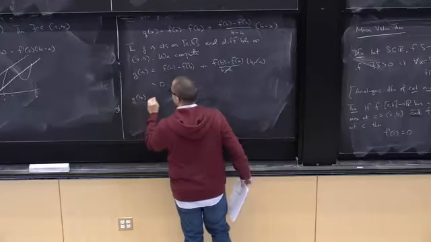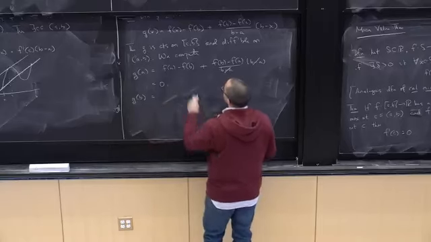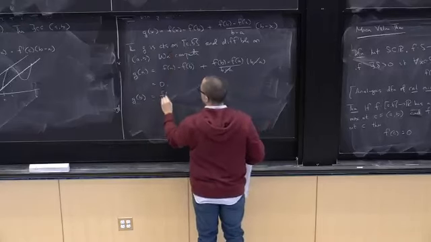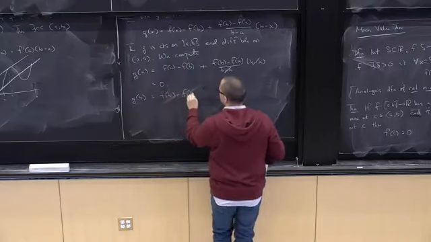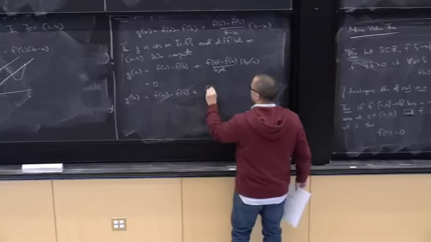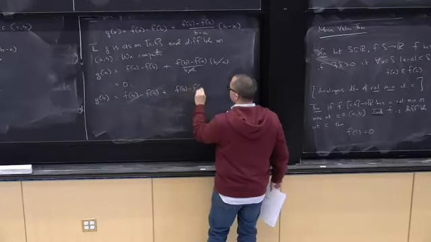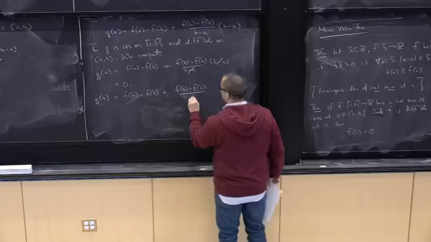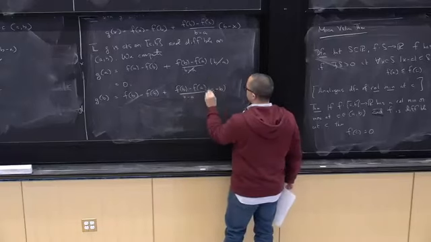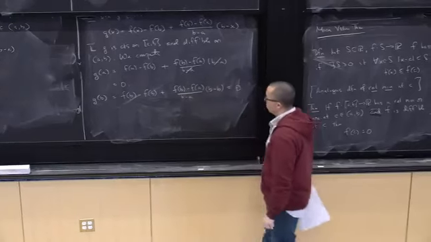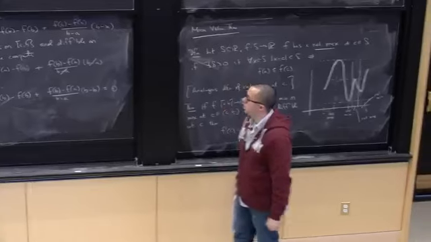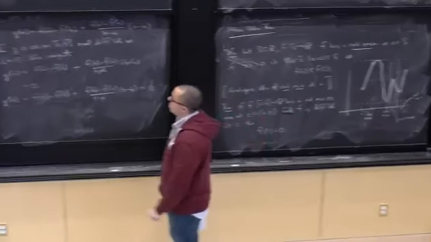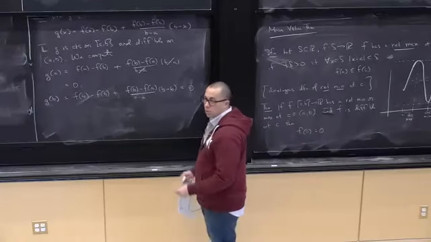And then g of b is even easier to see. If I just stick this in, this is f of b minus f of b plus (f(b) minus f(a)) over (b minus a) times (b minus b). And this also equals 0. So g of a and g of b are 0. The function is continuous on the closed interval and differentiable on the open interval.